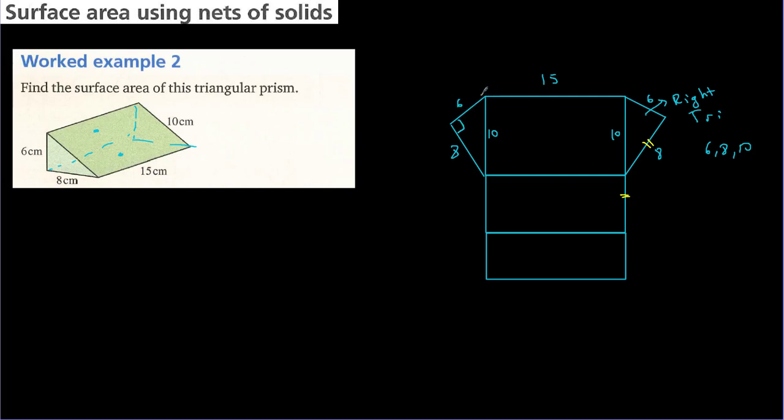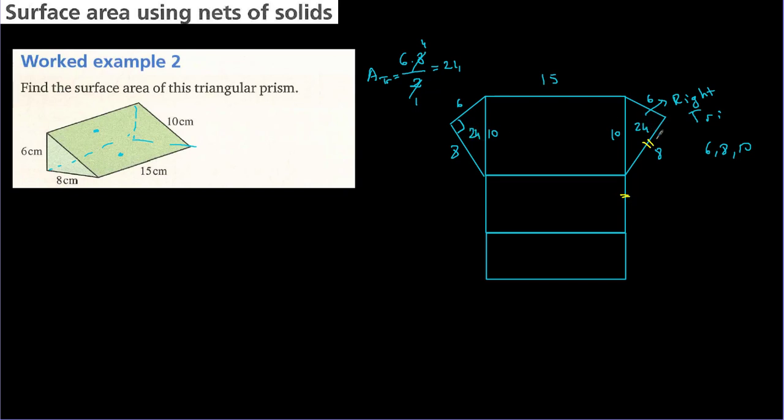With respect to that, the area of the triangle is going to be 6 times 8 over 2, which is equal to 24. Yes, it's true. So the area of the triangle is going to be 24.